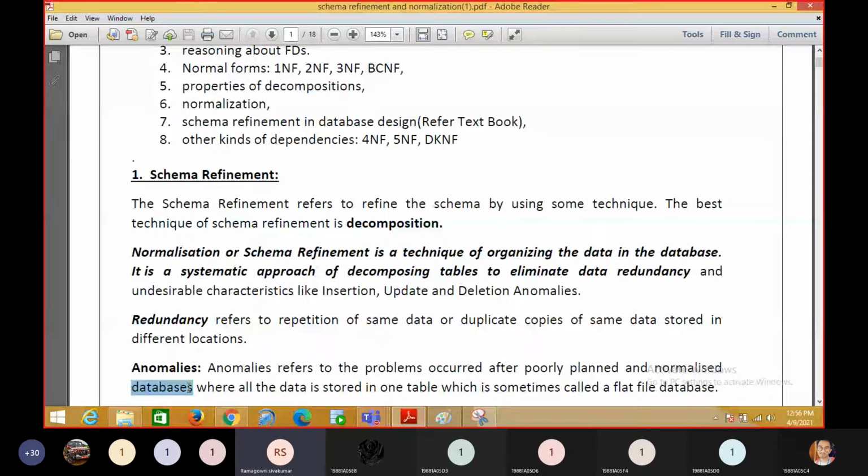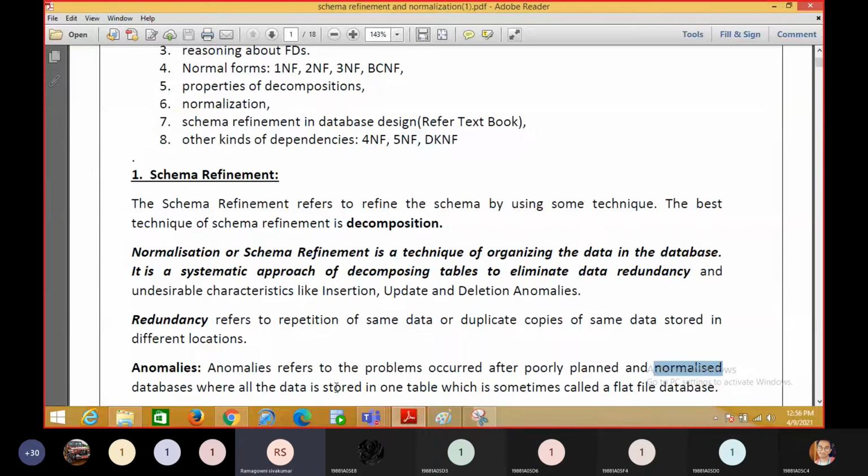If you are poorly planning the normalization of the databases, that's not perfect. If you want to arrange the data in an organized manner, we should follow the normalization concept.